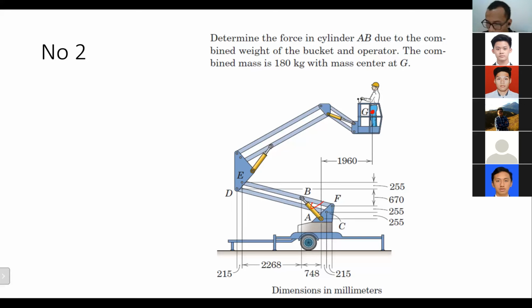No. Always follow the sequence. The first one is to understand the problem. The second one, try to find the two force members.